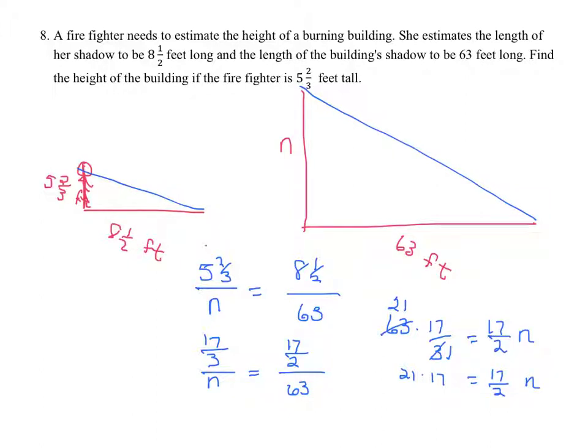I have to clear the fraction, so I have to multiply everything through by 2. So I get 17n. And then I have to divide out my 17s. So when I go to do that, these 17s will just divide out, and I get 2 times 21. So my final answer is 42 feet is equal to n.